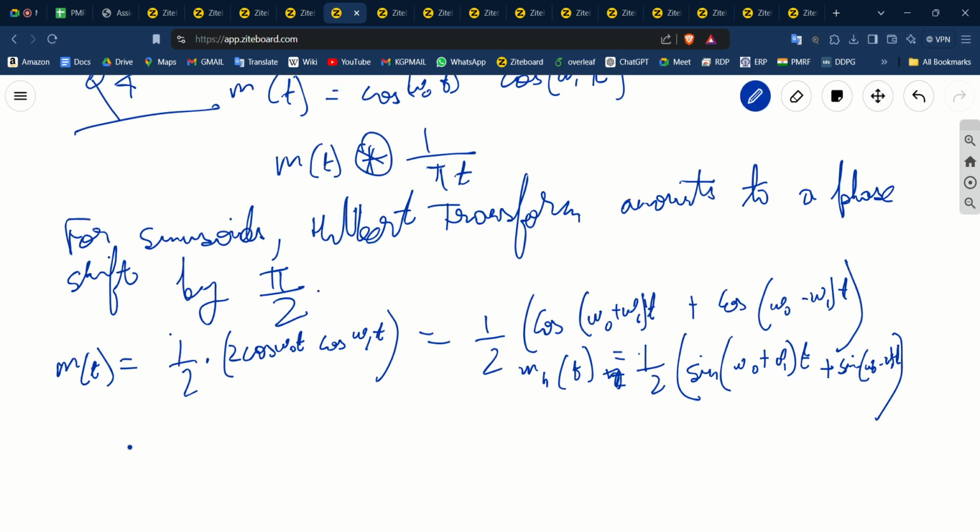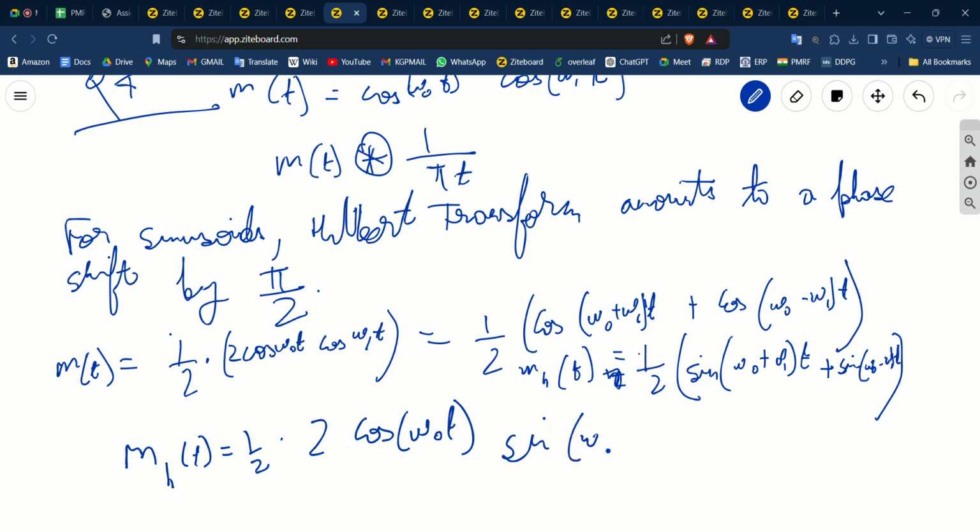So mht is half into 2 sine omega naught t cos omega 1 t.